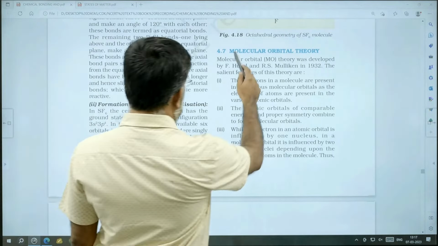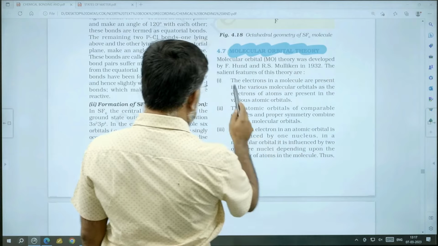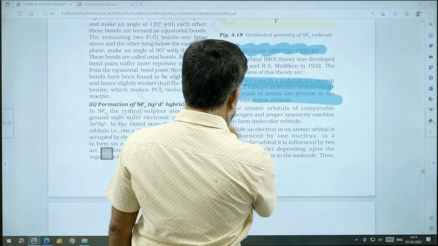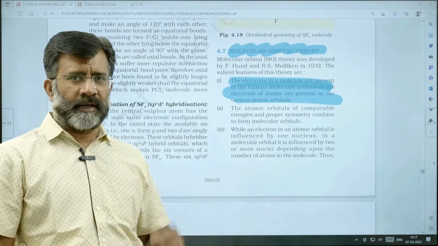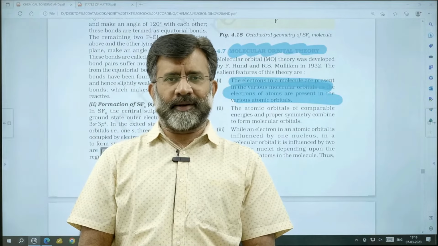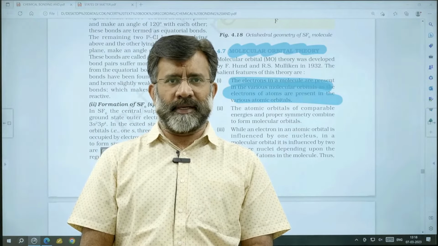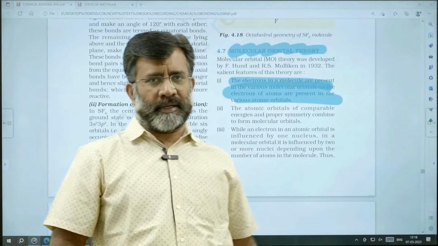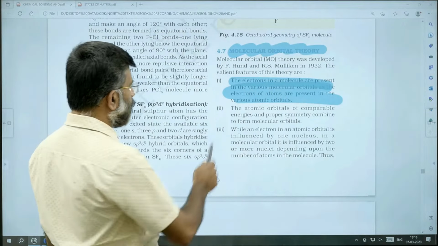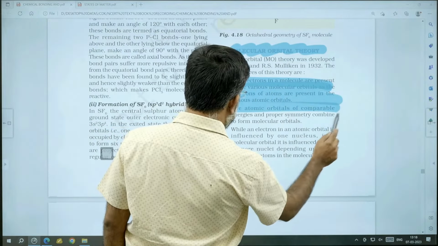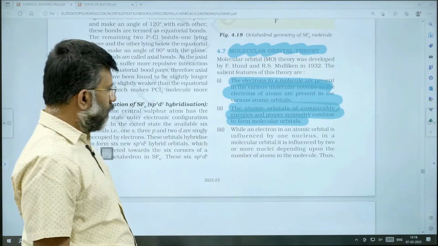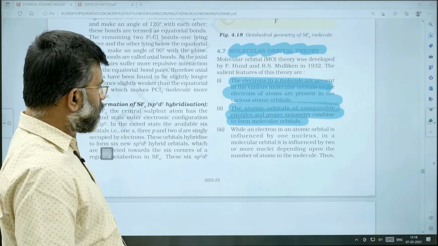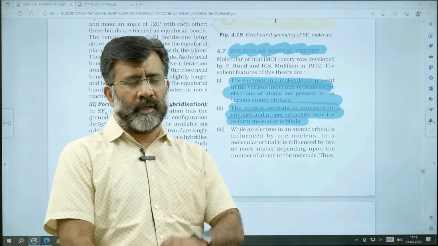MO theory, molecular orbital theory, point number 1. Electrons in an atom are present in atomic orbitals. Electrons in a molecule are present in molecular orbitals. Point number 2. Atomic orbitals of comparable energy and proper symmetry combine to form molecular orbitals.